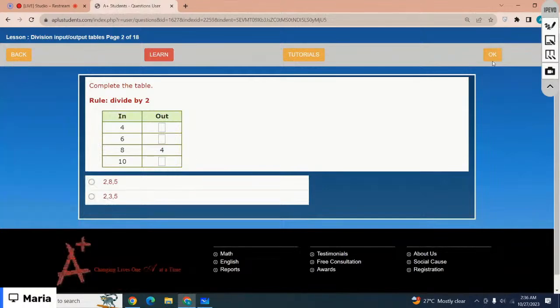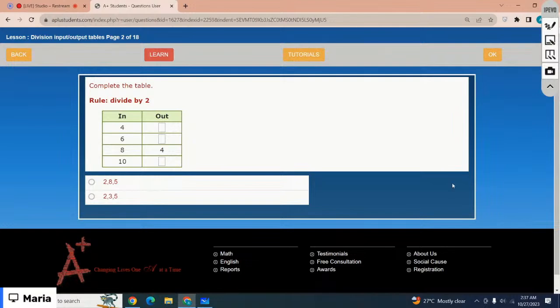Complete the table, divide by 2. So which is the correct option? Which options are missing? The correct option is you have to divide each input value by 2.